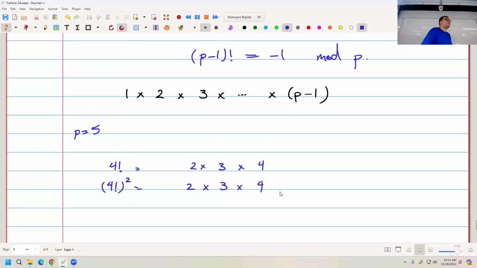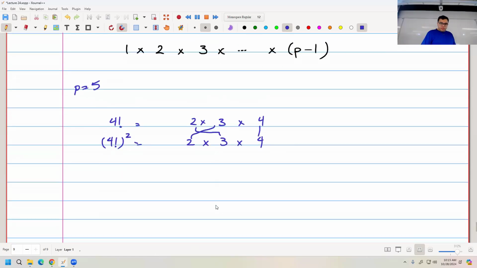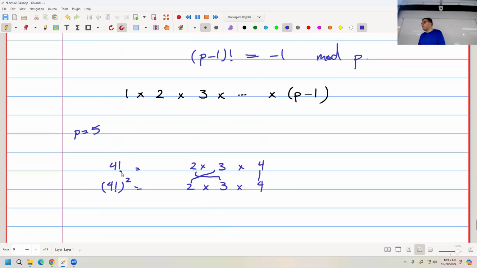So what is the inverse of 2? That's 3, right? Because 2 times 3 is 1, modulo 5. The inverse of 3 is 2. The inverse of 4 is 4 itself. So if I multiply 4 factorial by itself, I'm including every number and its inverse.